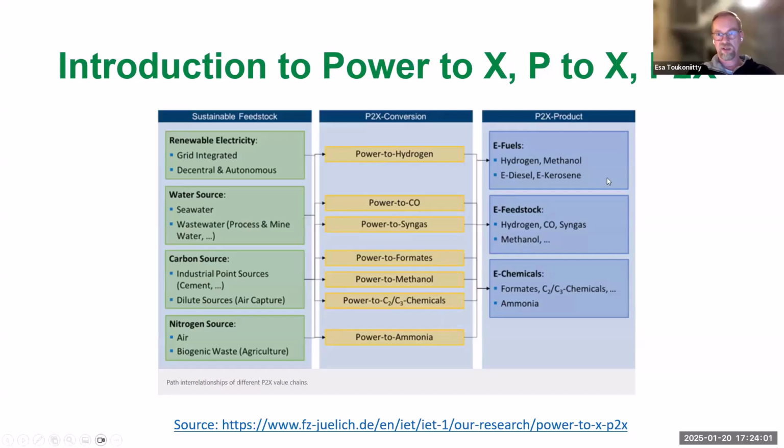Here on the right-hand side, you see these different products listed again, but some of them are, let's say, like here, these fuels. So this can be used as such, but many of them can be used as, let's say, feedstock or raw material for secondary conversions to other important materials.